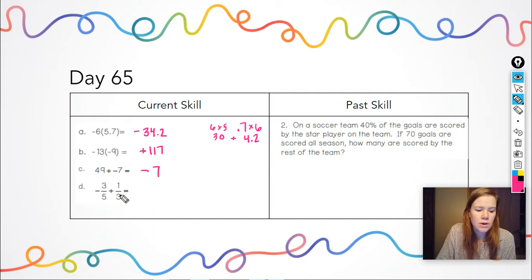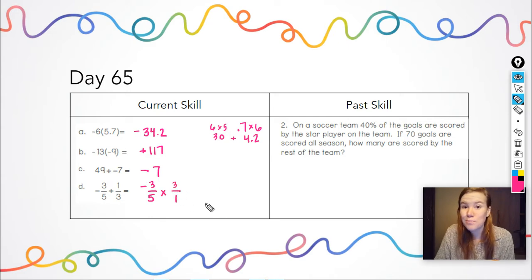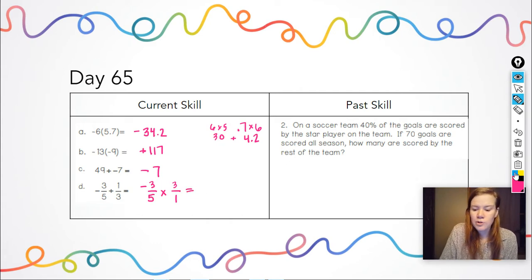Okay, two fractions. You're going to do keep, change, flip on these guys. So keep the first one, change division to multiplication, and flip-a-roo that 1/3 into its reciprocal, 3/1. Okay, so whenever you have fractions that you're multiplying, you just multiply straight across like that.